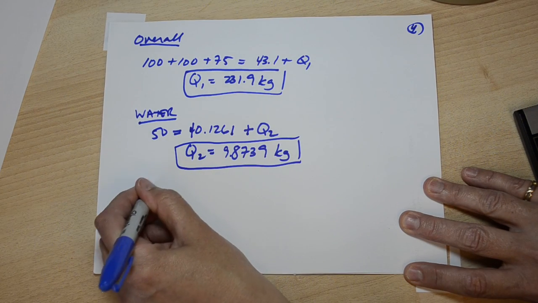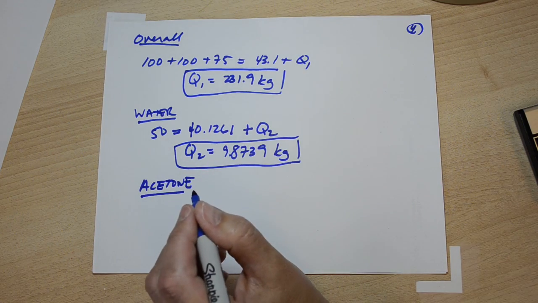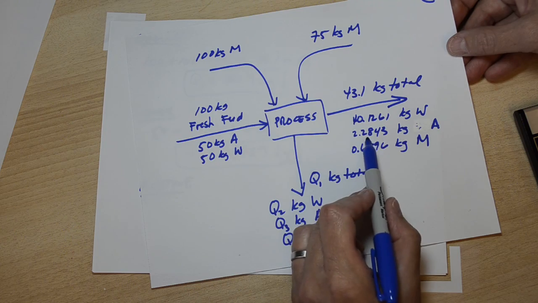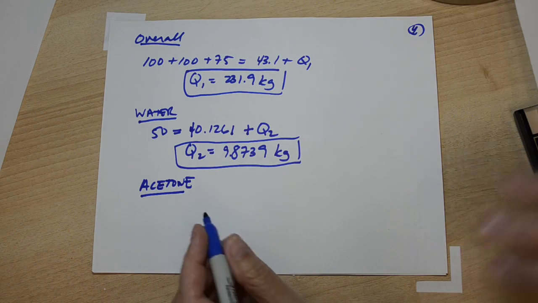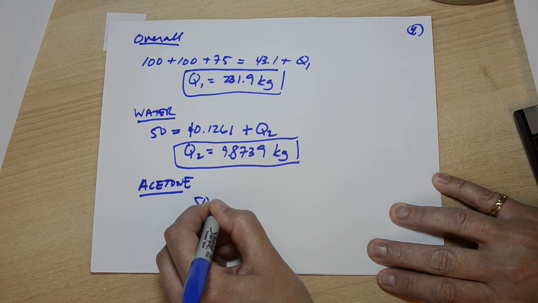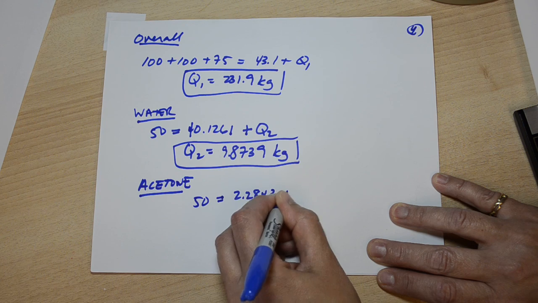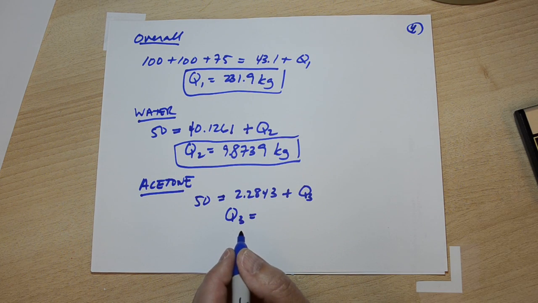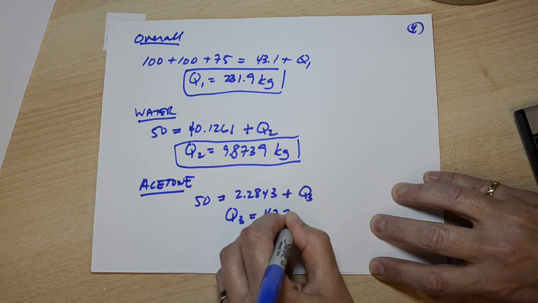Acetone balance: 50 come in, 2.2843 come out, and Q3 comes out. Q3 is equal to 47.7157.